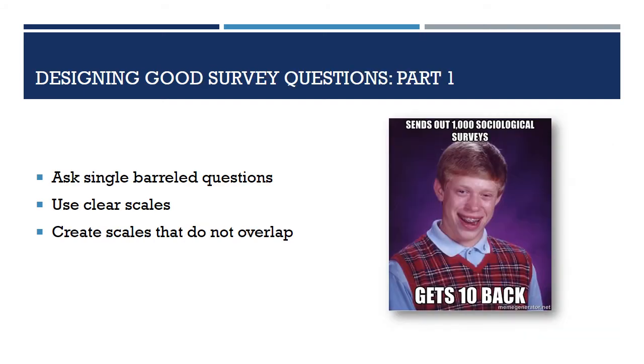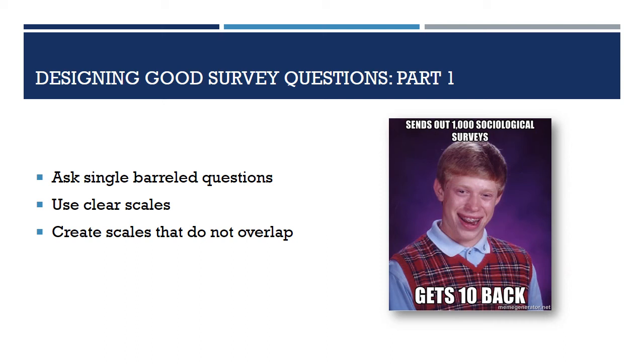When you're putting together your survey for the project, there are several keys to keep in mind. The first is asking single-barreled questions. That means you ask one question at a time, so you get one answer at a time. If you start stringing together 3 different questions within one, and there's only one response, that's going to mess your data up. The second and third, using clear scales and creating scales that don't overlap, means that you need to make sure the increments are clear to participants.